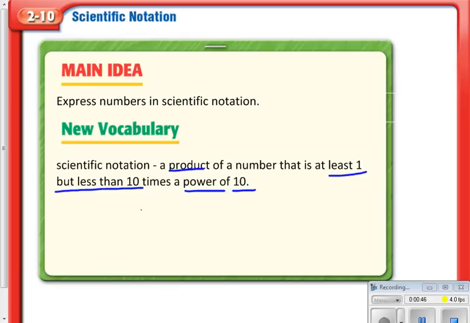If you had maybe 44.73 times 10 to the 9th to the fourth power, that's also not in scientific notation because it's not times 10 to some power. That's 9 to some power. So scientific notation would look something like this. Okay, first number here, at least 1, less than 10, and it's times 10 to some power.